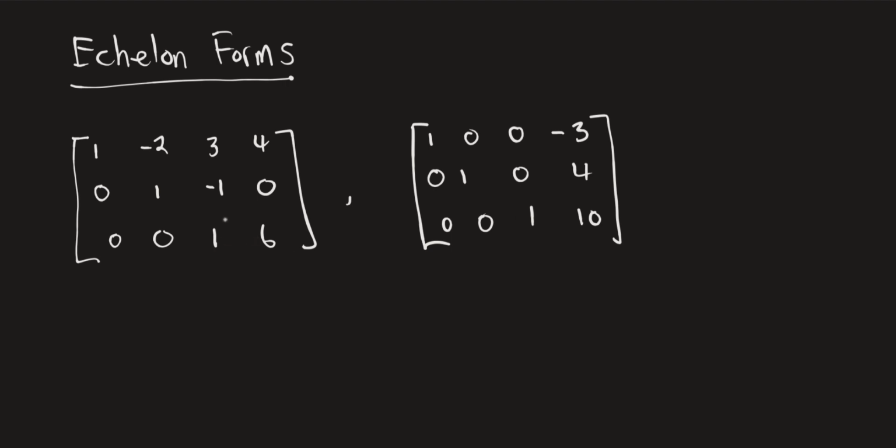This one we would have to do a little bit of algebra to figure it out. What we want to do is introduce some terms and concepts that will allow us to distinguish between these two in a very precise way, and also allow us to categorize augmented matrices that are in neither of these forms.